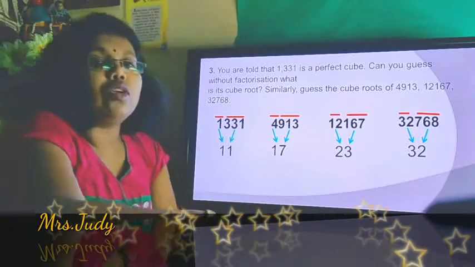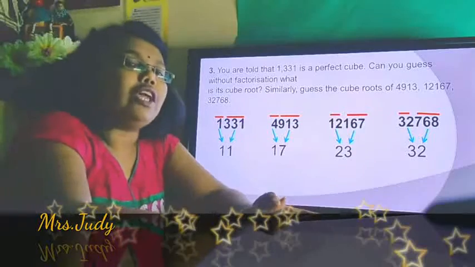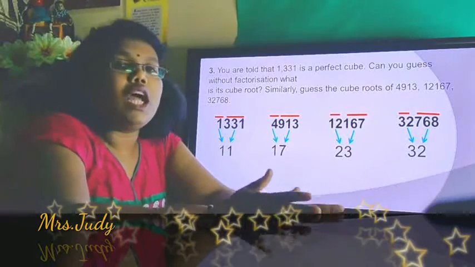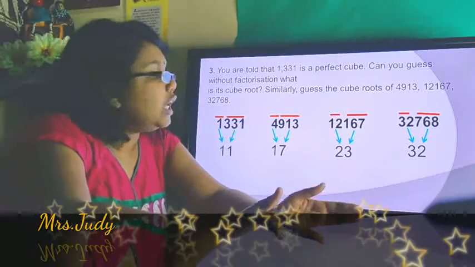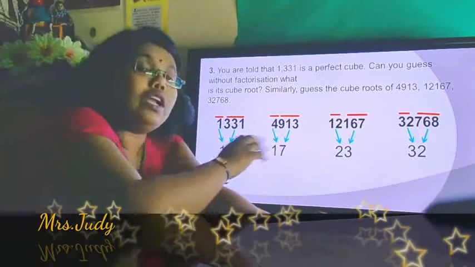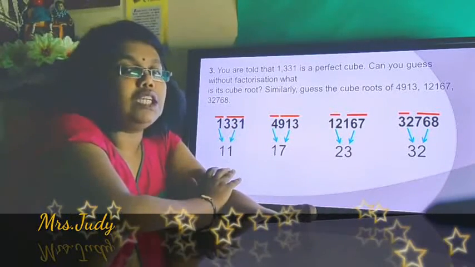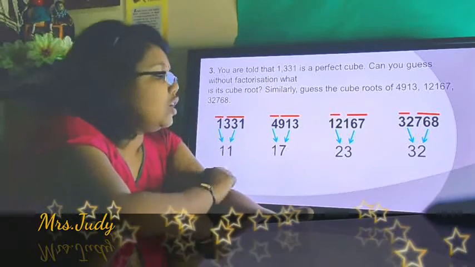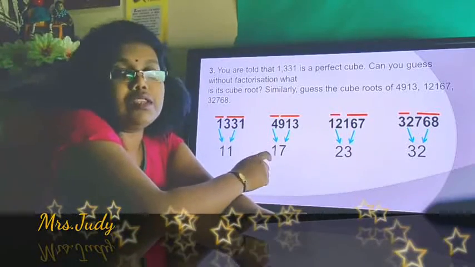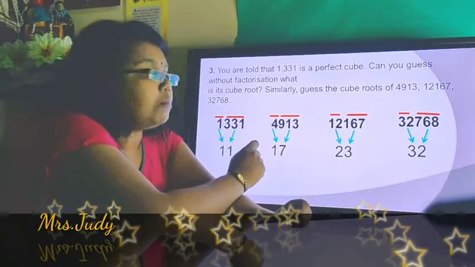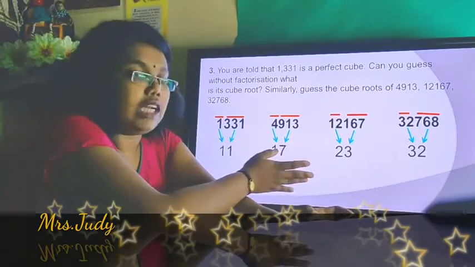Before 4, 1, and after 4 we have 8. 1 and 8 are the 2 cubes between which this number 4 lies. So the smaller number has to be taken. Smaller number here is 1. So 1 is in the tens place. This is simple guesswork, but you can verify it using prime factorization.